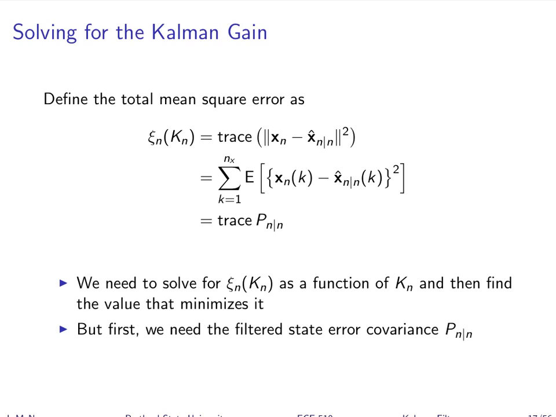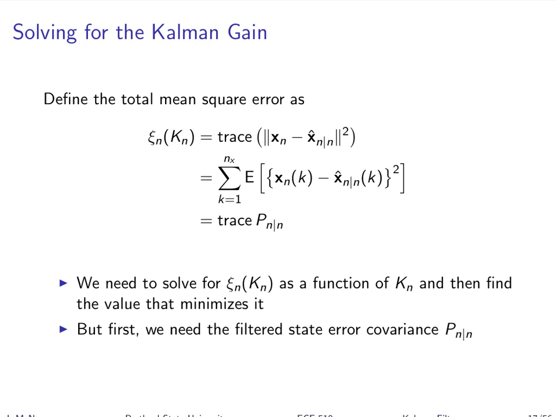There are a lot of different ways you can define the error. We're trying to track the state optimally, and one problem with that is you could say, isn't there a trade-off in estimating one part of the state compared to another part? What if I want to estimate heart rate and respiratory rate optimally? It seems like there would intrinsically be a trade-off between those two, that maybe you could estimate one more accurately at the expense of estimating the other less accurately.